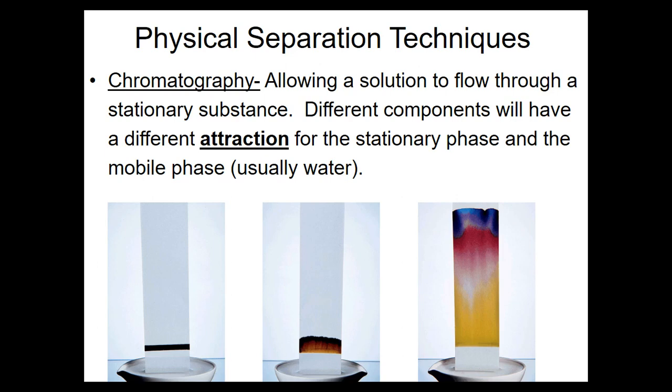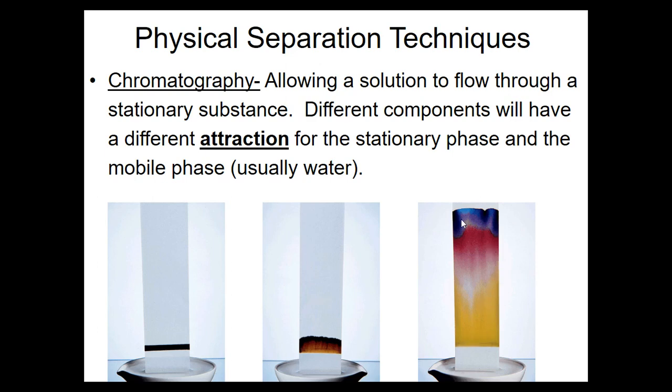So here, in the first picture, we have a line drawn with black ink. We put this in a little tray with some water in it. The water moves up the paper, and as the water moves up the paper, the ink goes with it. Some ink is very attracted to the paper. So here the yellow ink is very attracted to the paper and will stay at the bottom. Some ink is very attracted to the water and will travel up the paper.